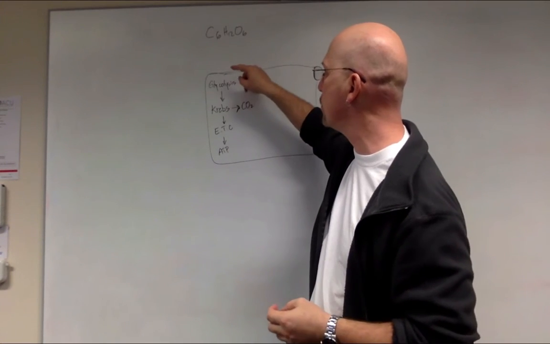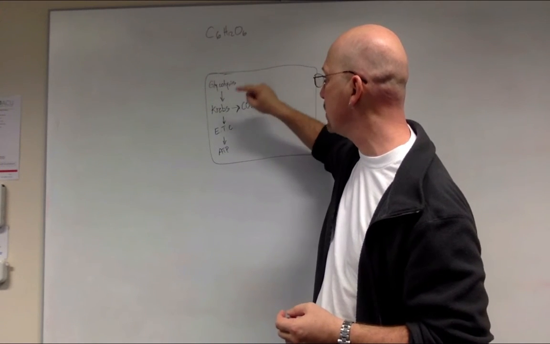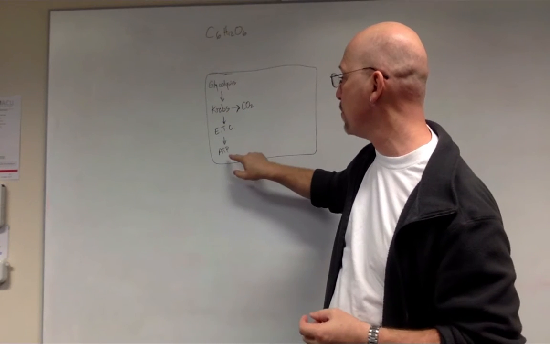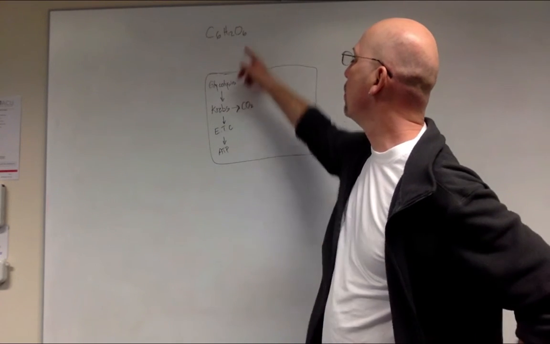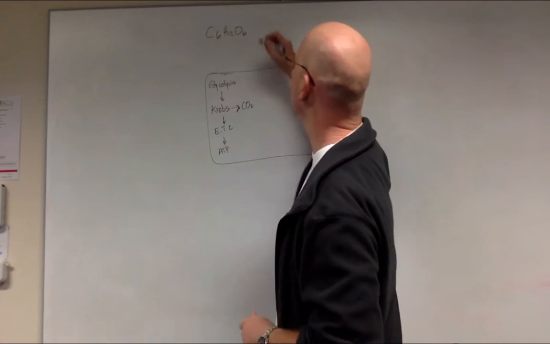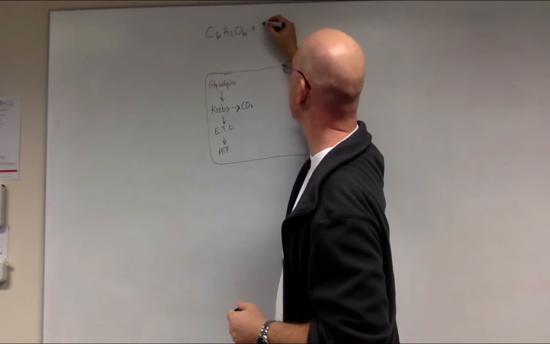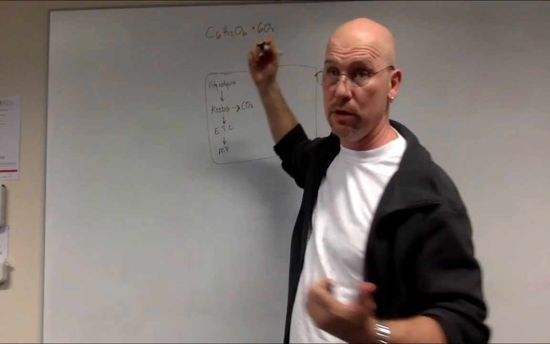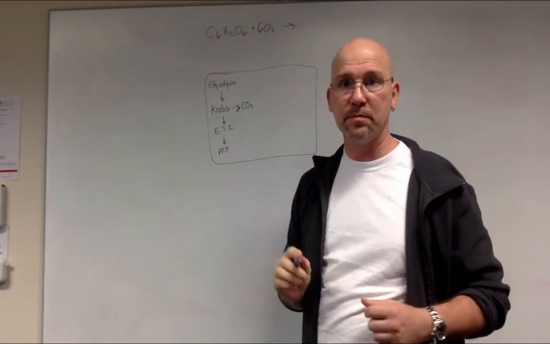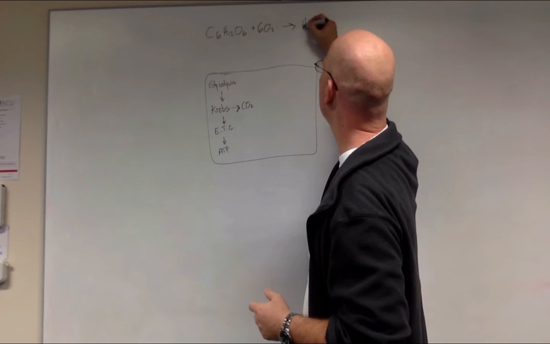We take a little bit of oxygen in, we take a little bit of sugar in, and we go through glycolysis, Krebs, and the electron transport chain, and that ends up producing ATP. So if we take our glucose molecule up here and we add a little bit of oxygen to it, specifically 6 oxygens, then what we end up getting coming out of here is a little bit of water, which I haven't mentioned, but water is a byproduct of this.